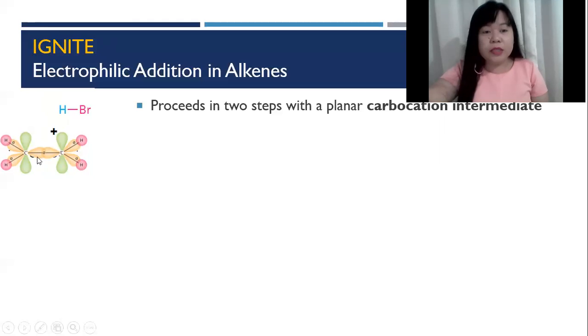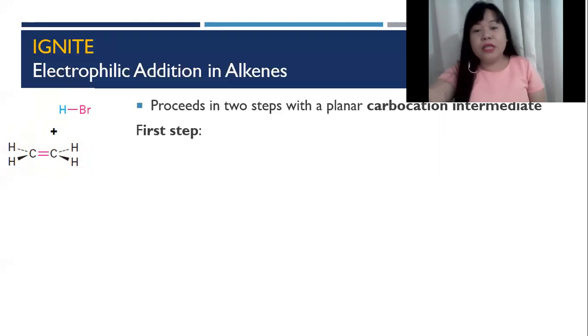And then it also forms a sigma bond or a head-on overlap between these two carbons, and there is a sideways overlap between the remaining unhybridized p orbitals forming the pi bond.